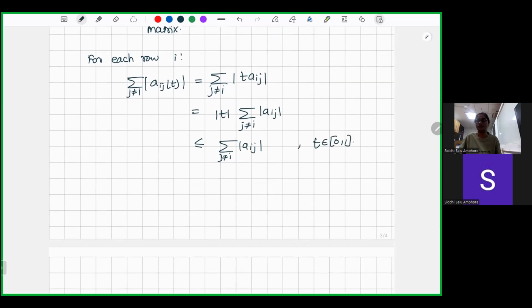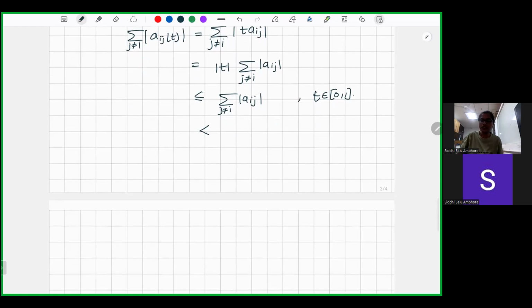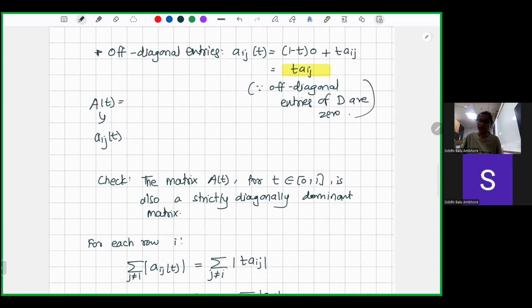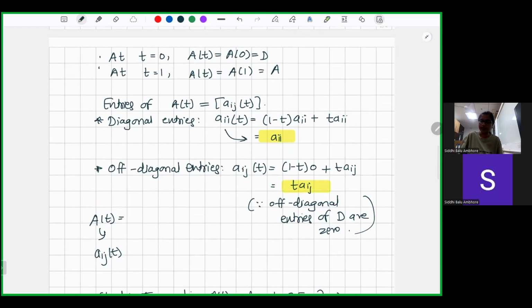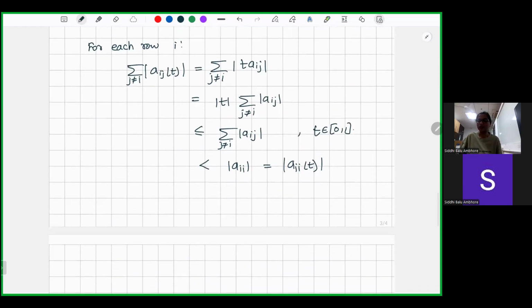And this is anyway strictly dominated by mod a_ii, and this is nothing but mod of a_ii(t), as we calculated that a_ii(t) is a_ii.